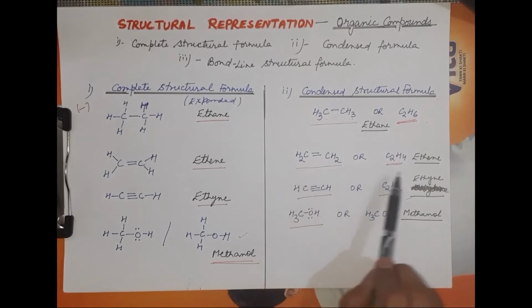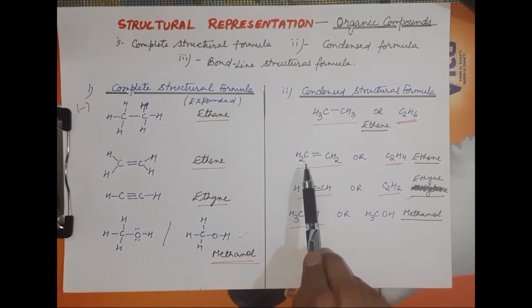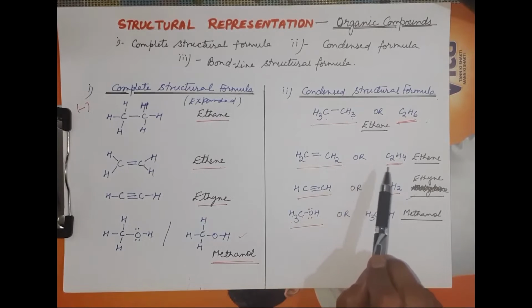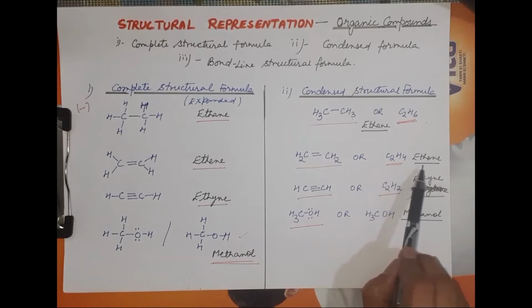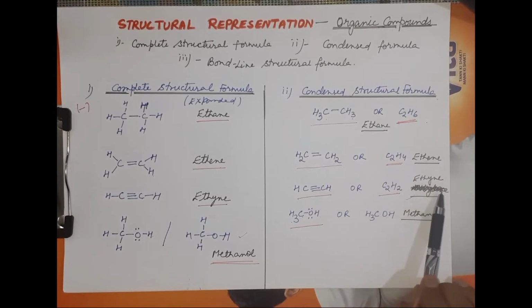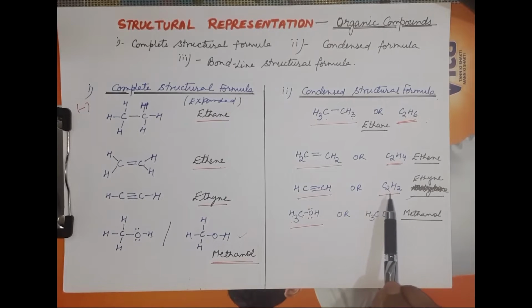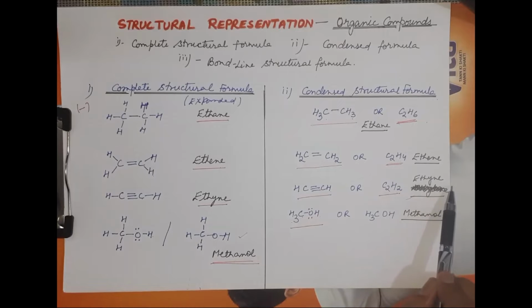For ethene, it is written as CH2=CH2 or simply C2H4. For ethyne, it is CH≡CH or simply C2H2, which is ethyne.